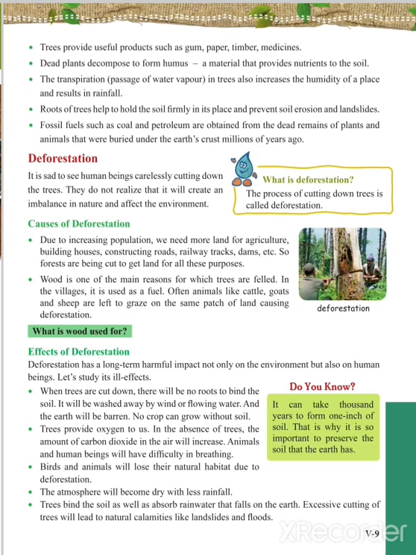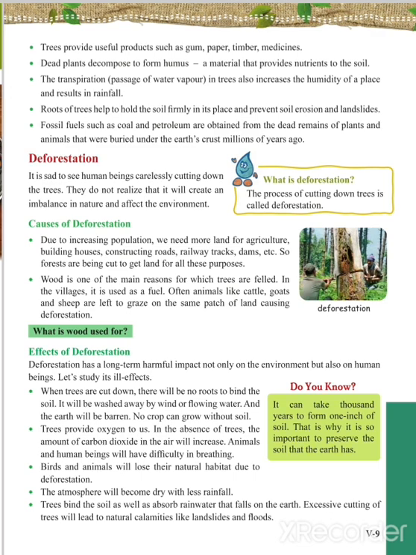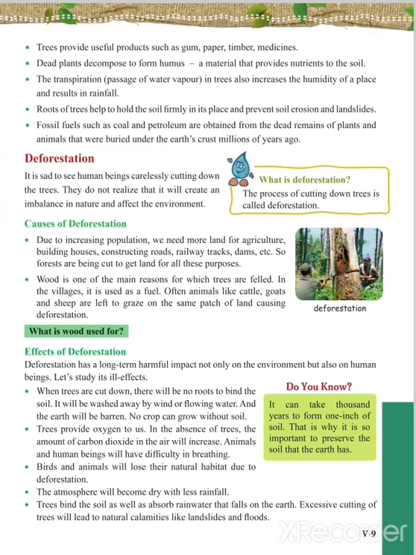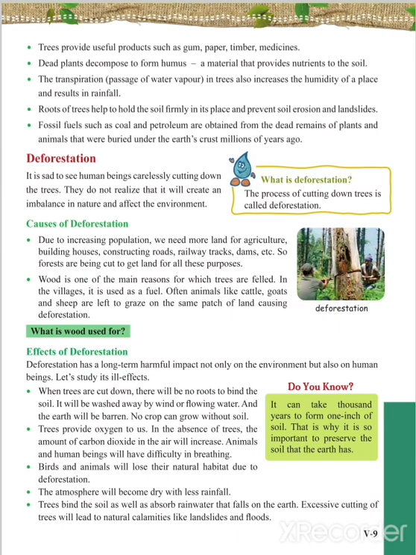What are the effects of deforestation? Deforestation effects last for a long time and affect the environment. When trees are cut down, there will be no roots to bind the soil. It will be washed away by winds or flowing water, and the earth will be barren.